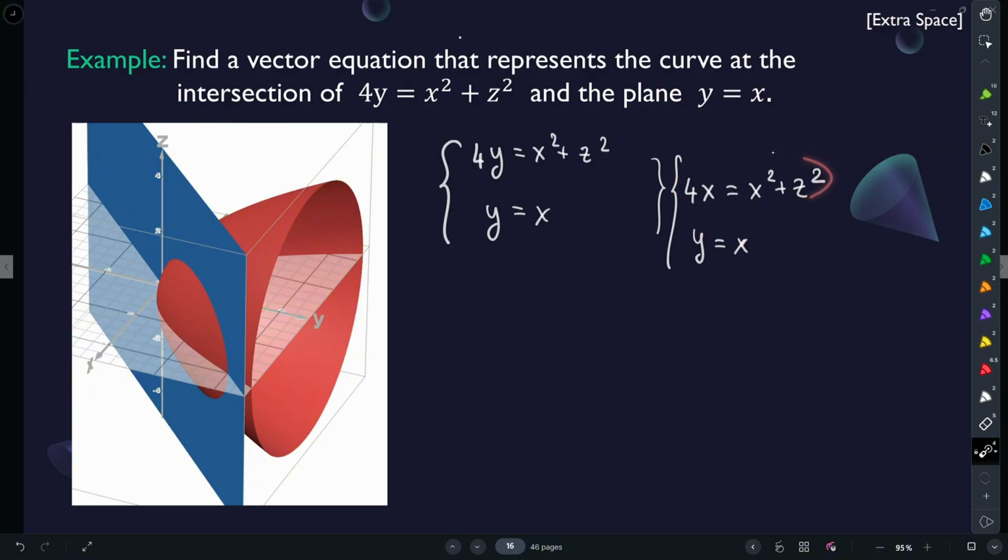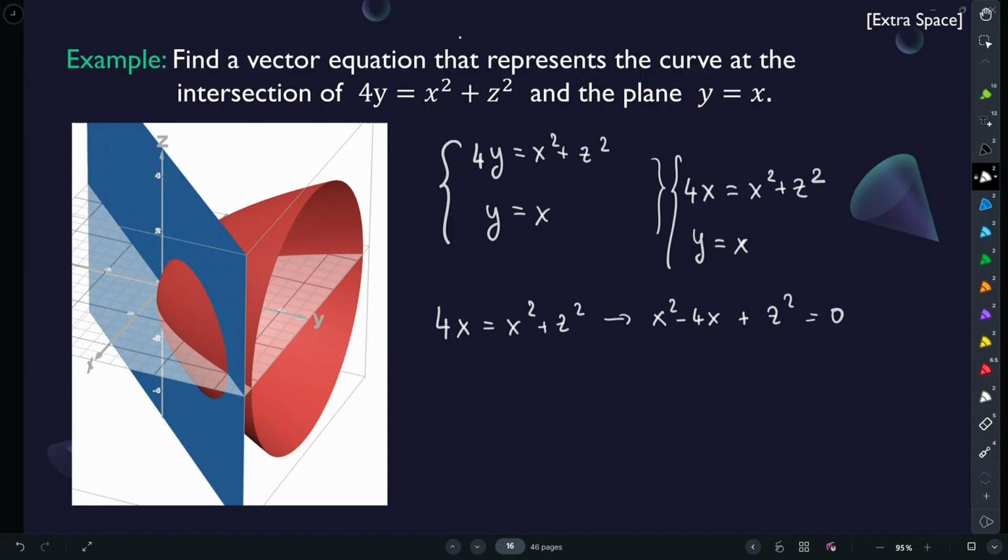What is this? We learned that when you have a quadratic equation like that, we have to classify it by completing the square. So if I have 4x equals x squared plus z squared, then I can bring the x's to the other side, and this is x squared minus 4x plus z squared equals 0.